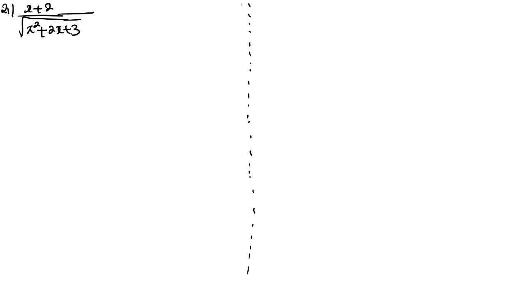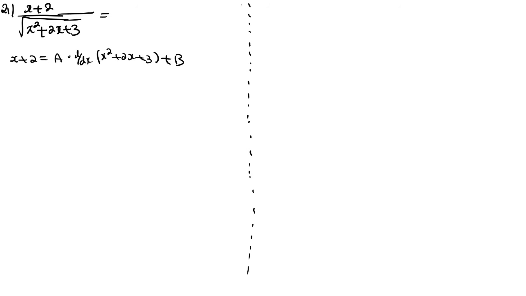See the next question: integration of x plus 2 by square root of x square plus 2x plus 3. Again, it's not in the form f dash of x by f of x. So write x plus 2 equal to a into d by dx of x square plus 2x plus 3 plus integration constant b.